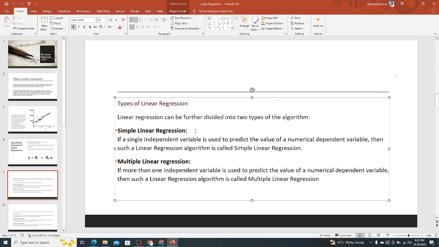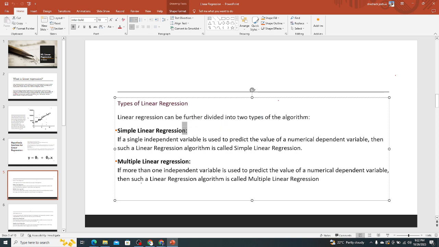When we talk about types of regressions, we have linear regression, logistic regression, and usually around four types of regressions.